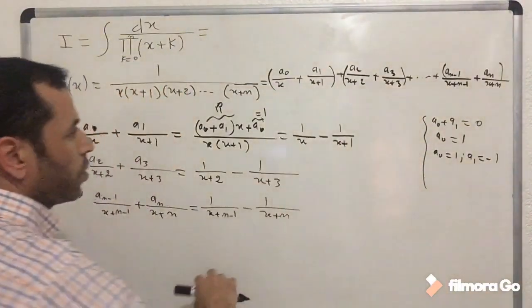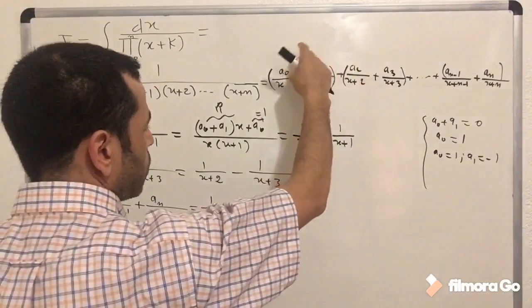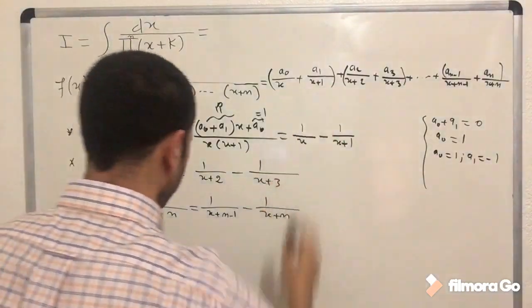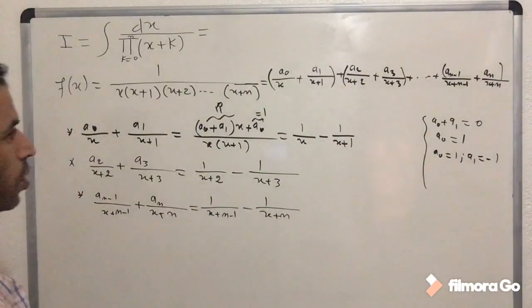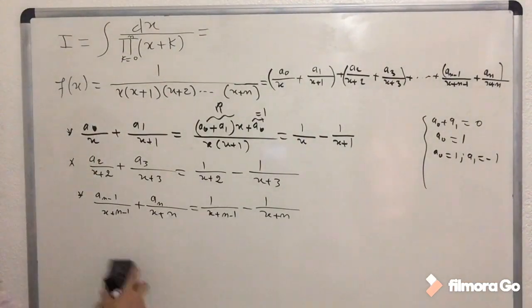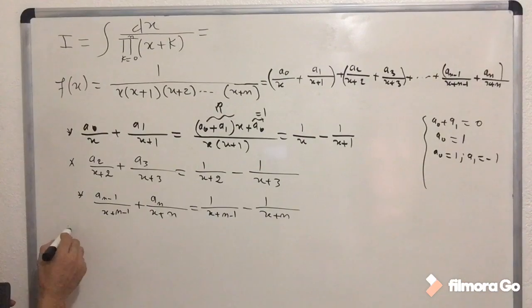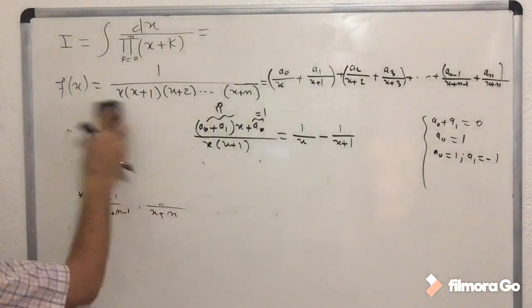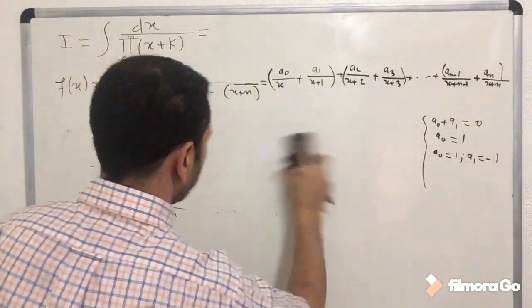The numbers keep repeating, with the number 1 on the top, and the bottom has to be the products. Okay, so let's rewrite this one again in terms of products. Let's clean the board now, and then rewrite our fraction clearly.